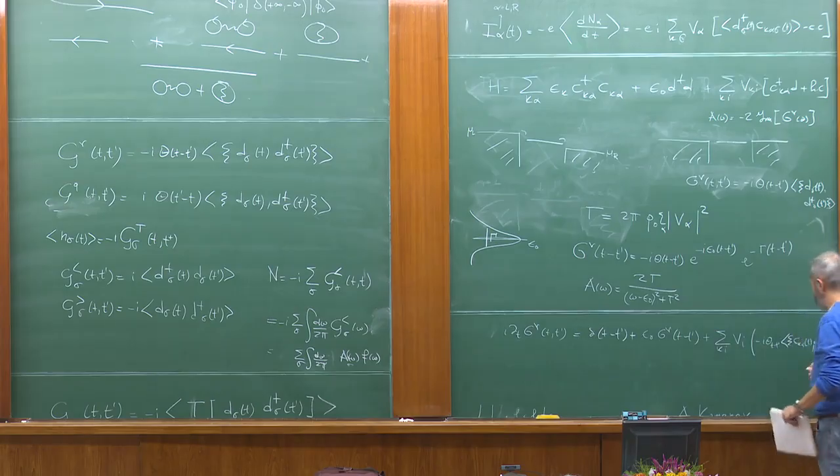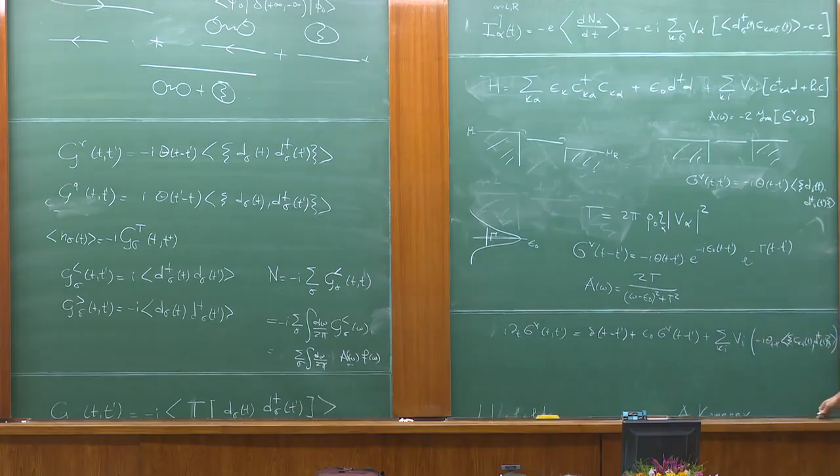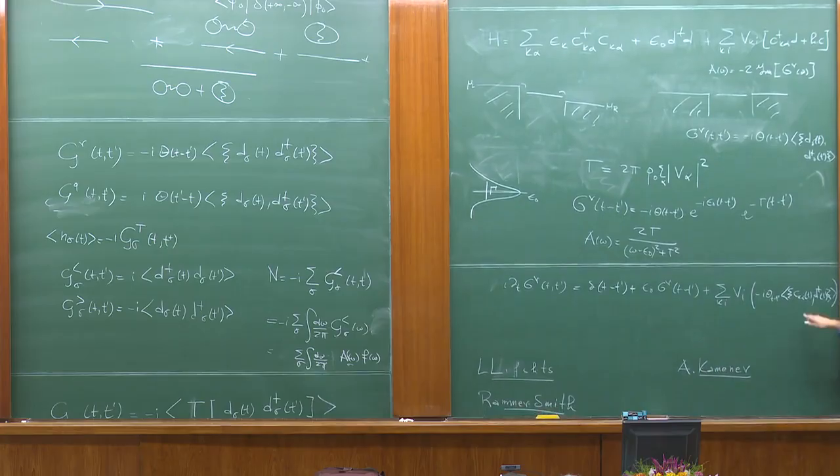So that's the first equation that you will get. Then you see that I have another Green function here. So this equation is not a closed equation.